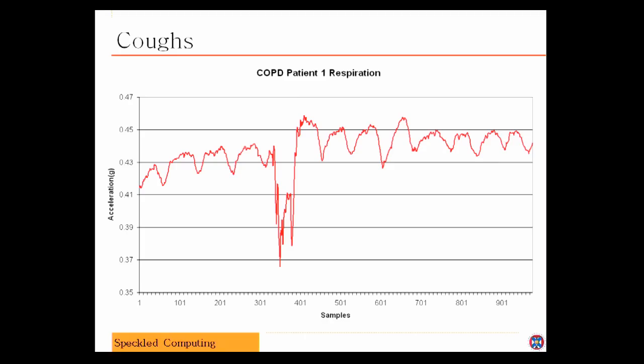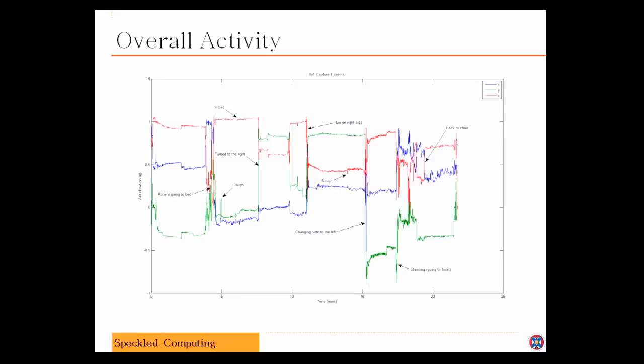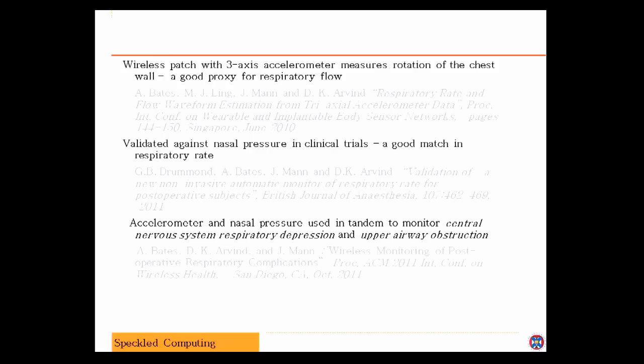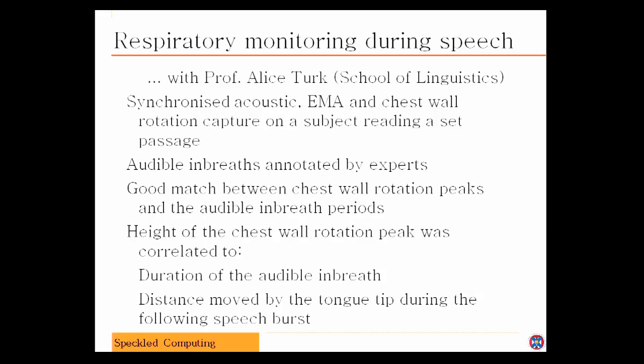You can get information such as the number of coughs, for instance, which could be used as one of the indicators as well. You can also give overall activity. And these are the publications based on that.